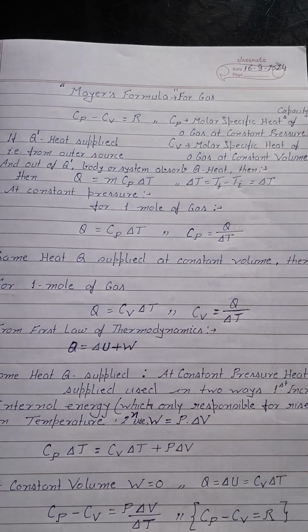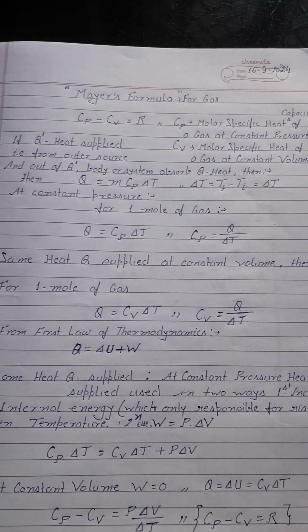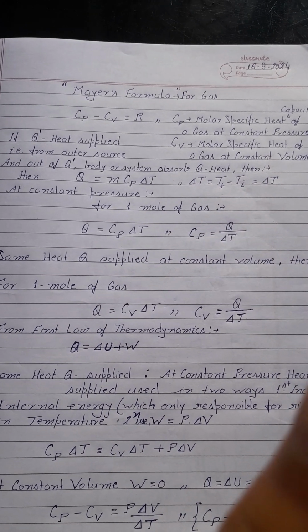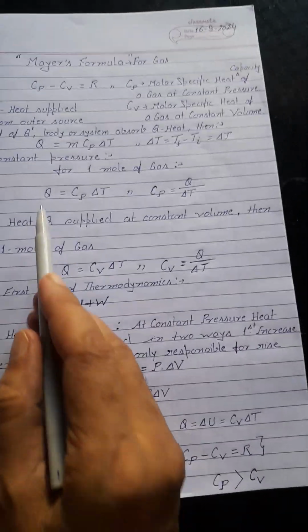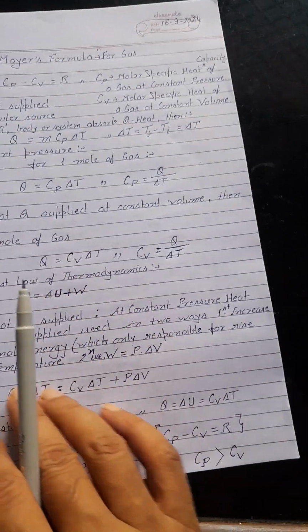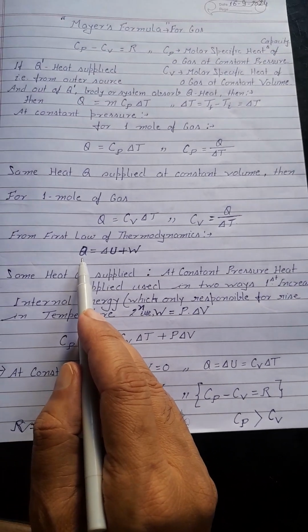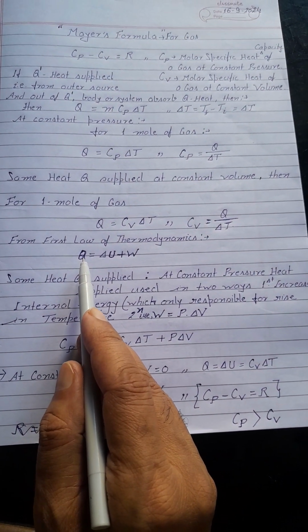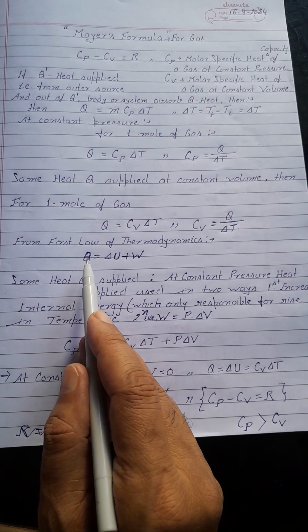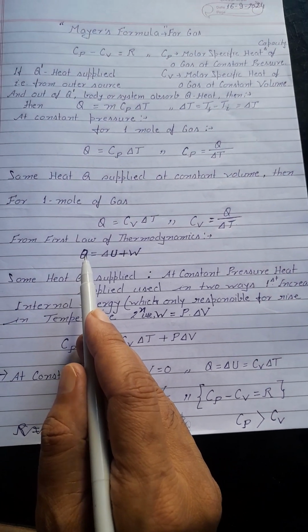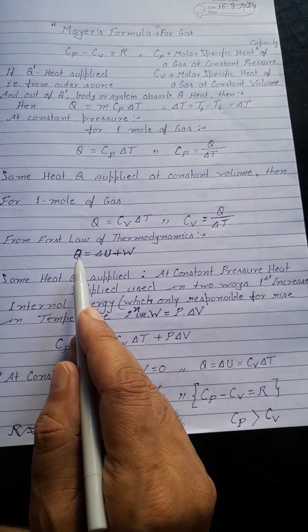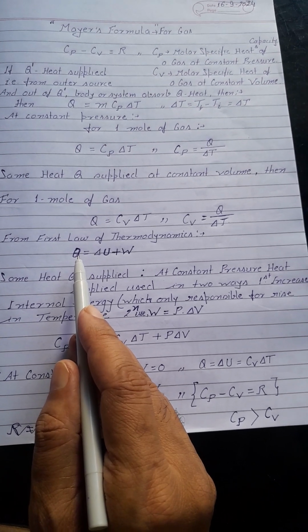the first law of thermodynamics. What exactly is the first law of thermodynamics saying? It is saying if we supply Q heat, but this Q is not the supplied heat, it is the quantity of heat which has been absorbed by the system or by the object.